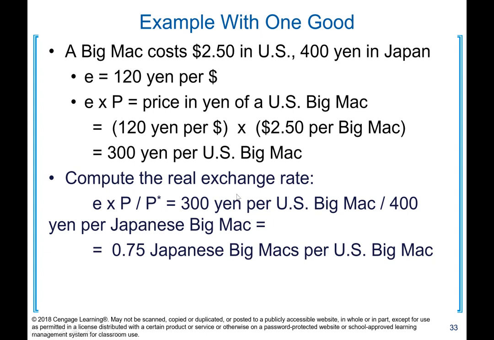Compute the real exchange rate here. e times P over P star is the formula, and is therefore equal to 300 yen per US Big Mac divided by 400 yen per Japanese Big Mac. And the real exchange rate is 0.75 Japanese Big Macs per US Big Mac.